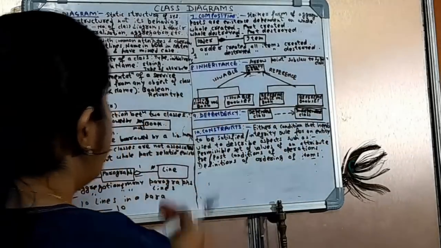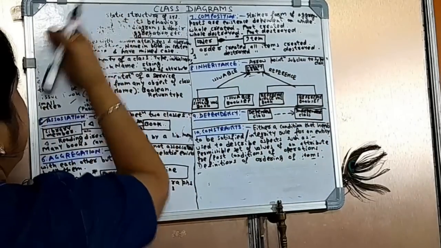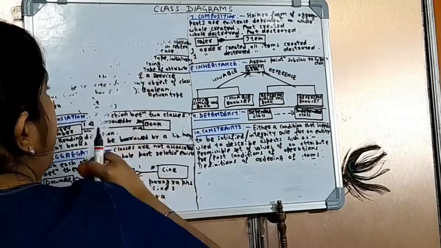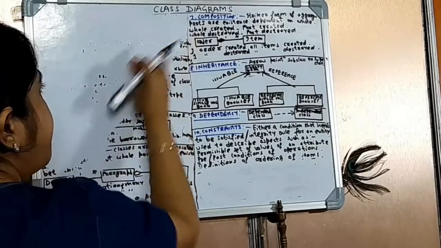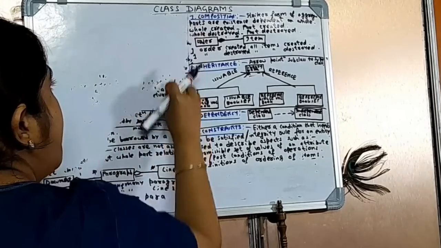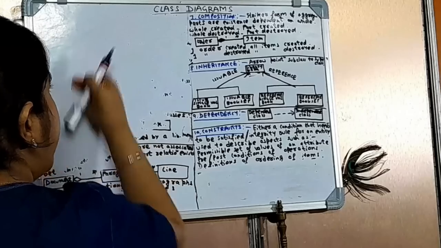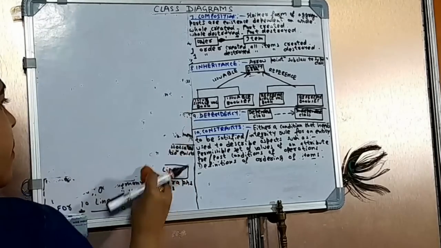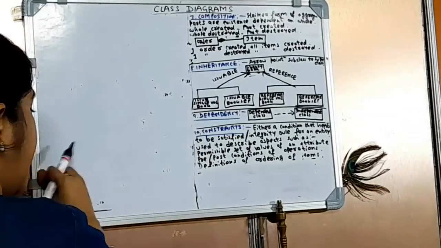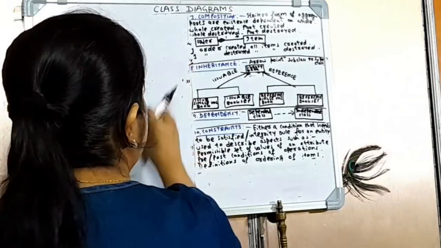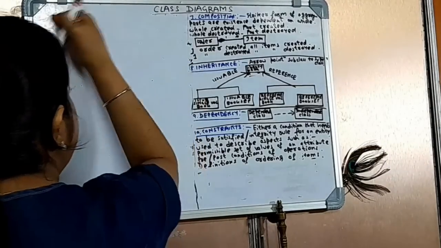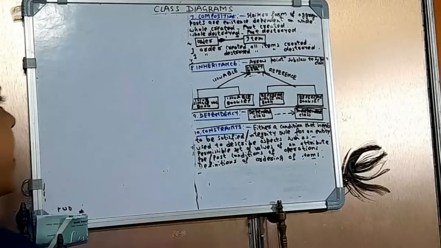Now let's see it here in detail. The subclass is our child class and the parent class is the superclass. We have seen inheritance in Java also: multiple inheritance, multi-level inheritance, single inheritance, many things. The same thing is here also.